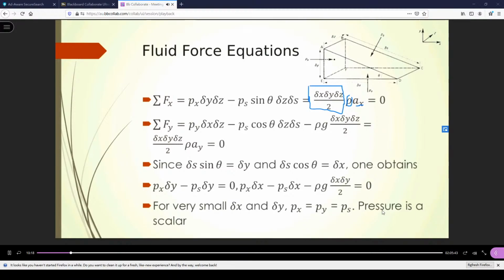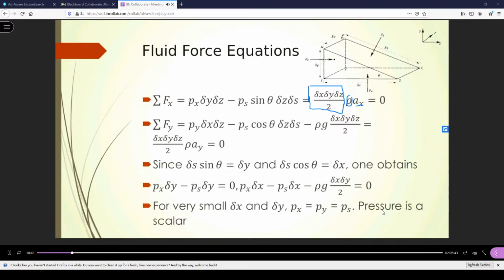And this is the mass. Oh, sorry, this is the volume. Delta x, delta y, delta z divided by 2 is the volume of this prism. Delta y, delta x divided by 2 is the area of this triangle multiplied by the height, the depth or whatever you will call it.